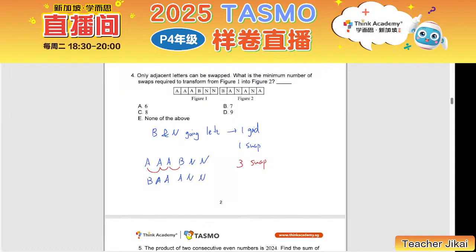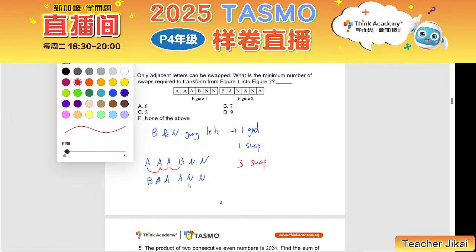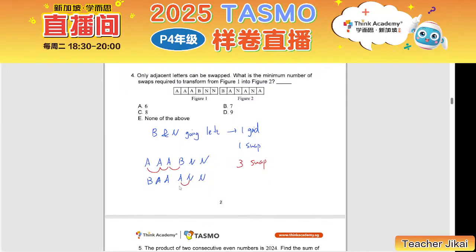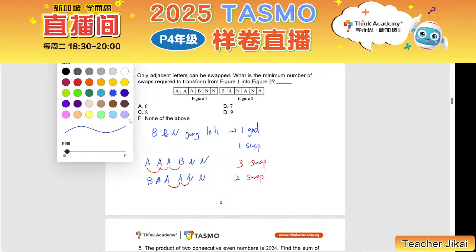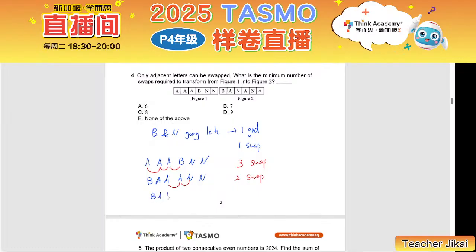And then we swap the N here. For N, we need to go left how many times for the first N here? First time, second time, right? 2 swaps here. And after it, it will become B, A, N, A, N, right? Like this.